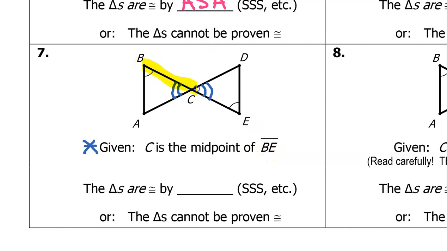C is the midpoint, but you really have to focus on the fact that we're talking about BE. So C is the midpoint, but that means that this side is congruent to this side. Segment BC is congruent to segment CE. So it matters what C is the midpoint of. So this is the information that we have.